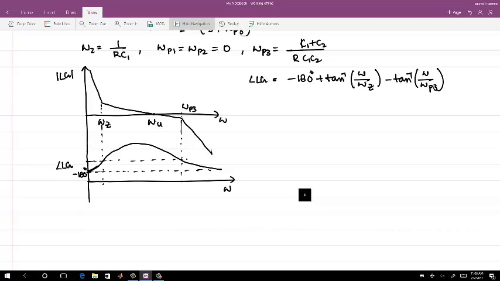Okay. So what is the phase margin? So this is your unity gain frequency omega u, and the phase margin of this loop for this PLL will be this, right? Where the loop gain equals 1 and phase equals minus 180 degree.